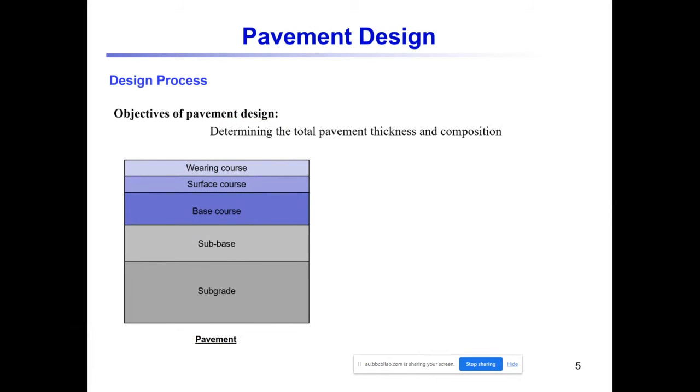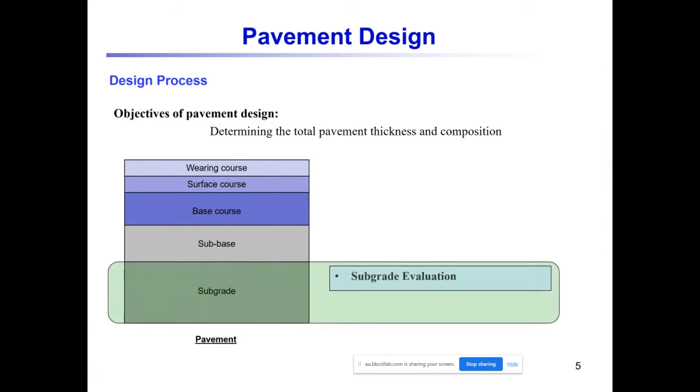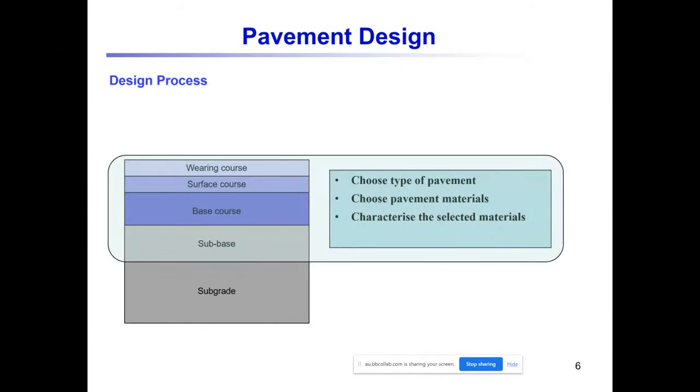So here is the design process. Initially we calculate the CBR value for the subgrade. Then in the next step, we need to choose the type of the pavement, whether flexible or rigid. So for most of the roads, we are designing flexible pavement. Then you need to design and determine how many layers you want to use.